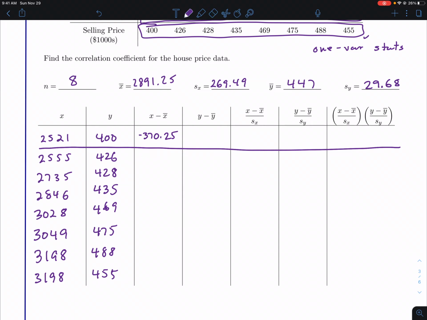Now do the same thing for the Y. We get 400 minus 447, which gives us negative 47. Now we take the negative 370.25 and divide it by the standard deviation for X, 269.49, so we get negative 1.374.